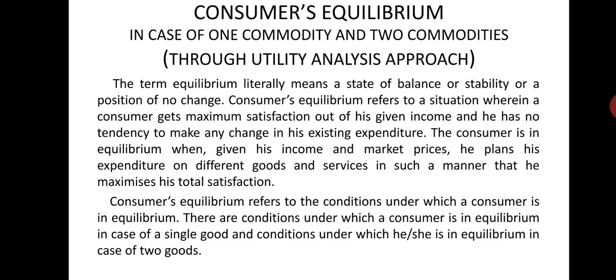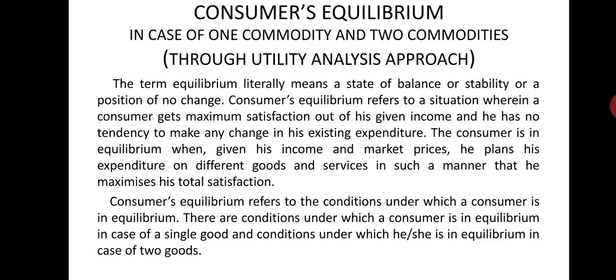Out of his given income, how can he get maximum satisfaction, and what should be the expenditure pattern, how he has to spend his money income in consuming either one good or two goods so that he can get maximum satisfaction?